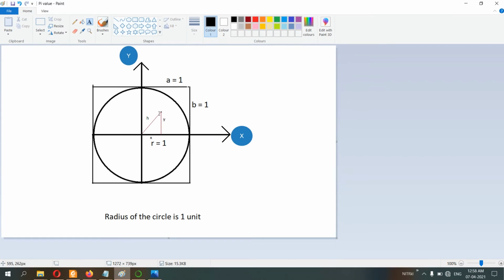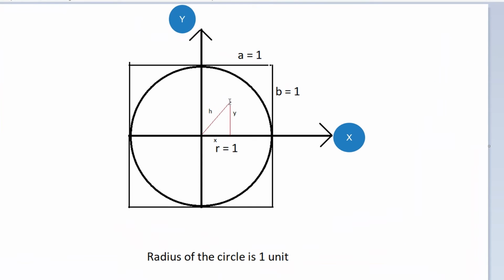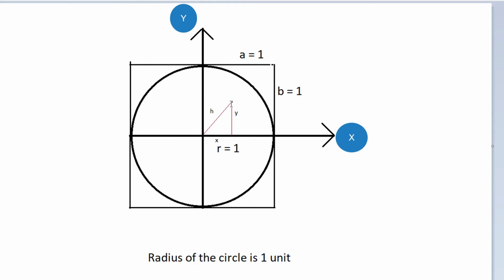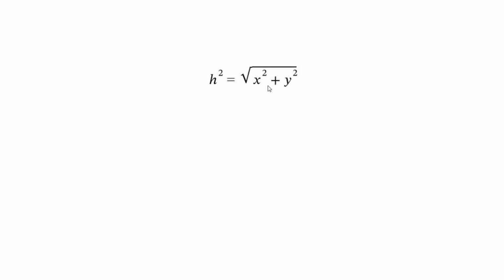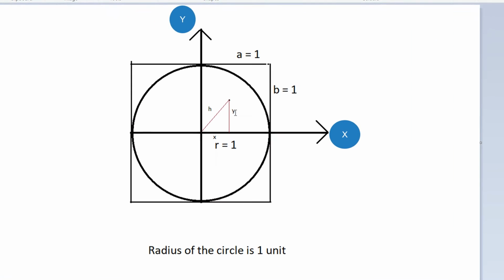Let's suppose we took a point here, in this portion. Its x coordinate will be this x, and its y coordinate will be this y. With the Pythagoras formula, we can measure this h, that is the hypotenuse. So h equals the square root of x square plus y square.